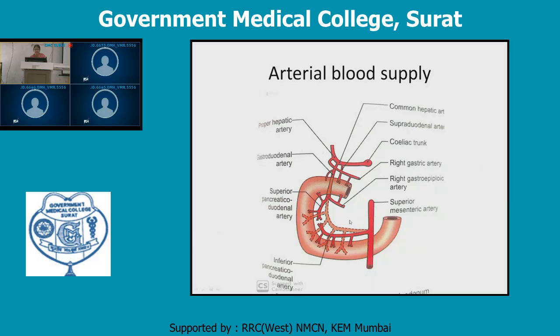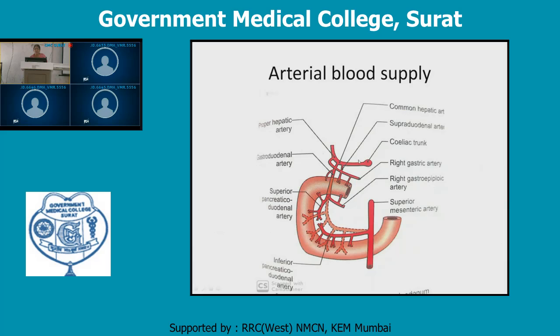Besides this, the first part of duodenum, you can see, receives blood supply from different other branches. This is the right gastric artery. It gives duodenal branches to the first part of the duodenum. This is the common hepatic artery, which gives the supraduodenal artery to the duodenum. Common hepatic artery gives duodenal branches to the duodenum.